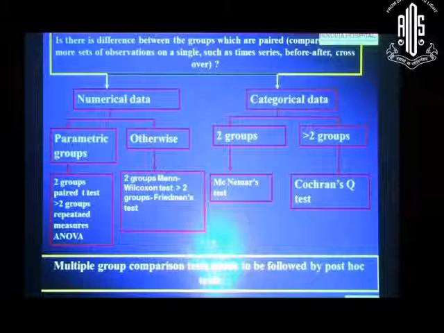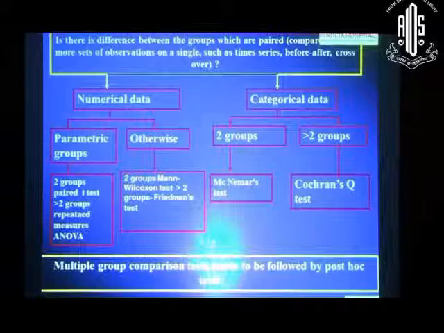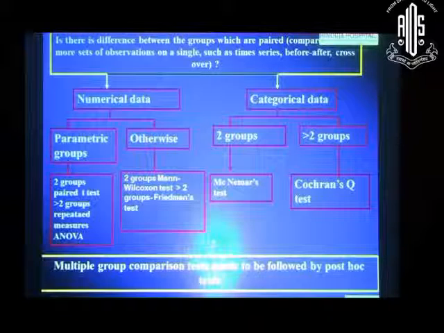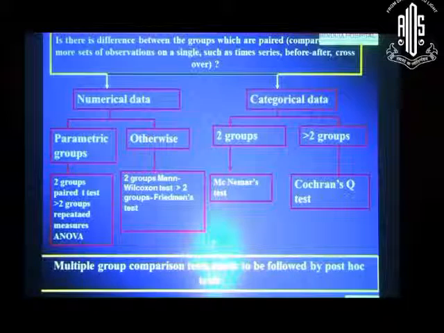That was unpaired. Now paired means I want to see the effect of a medicine over a time series. Say before the medicine, what is the intraocular pressure? Record it before, give the medicine, and after that, after 2 hours, 4 hours, 6 hours, whatever your wisdom says, you decide that. That is the paired group.